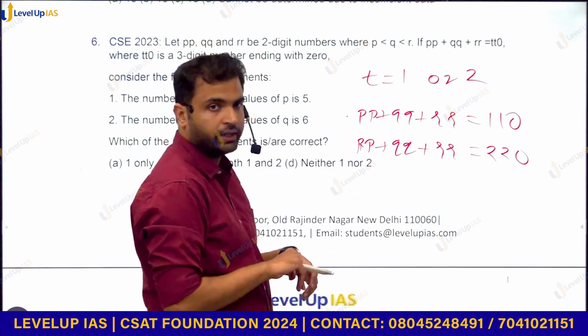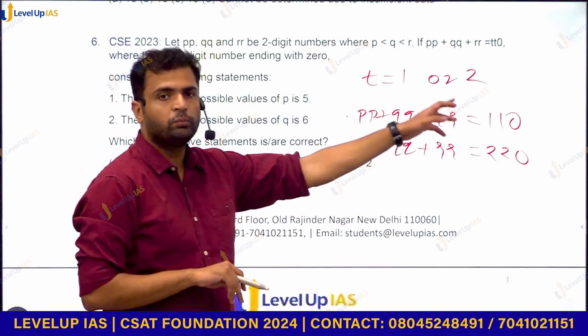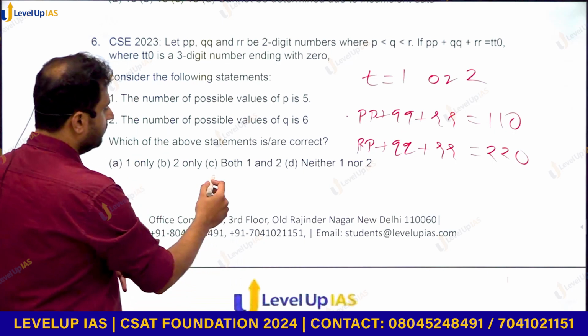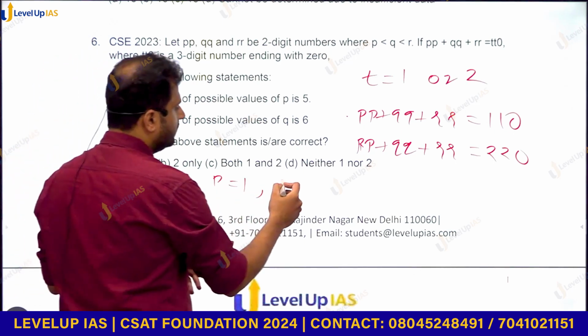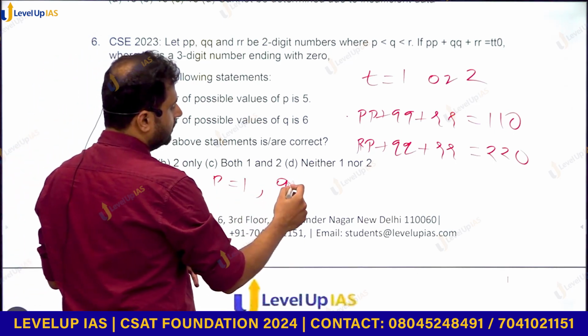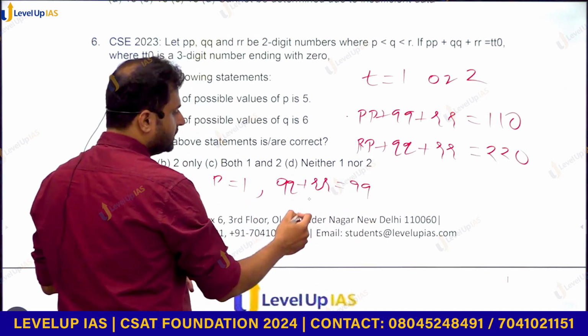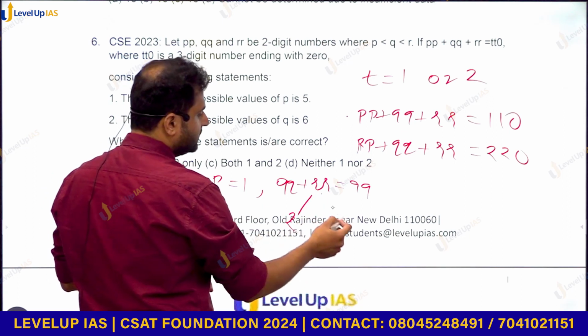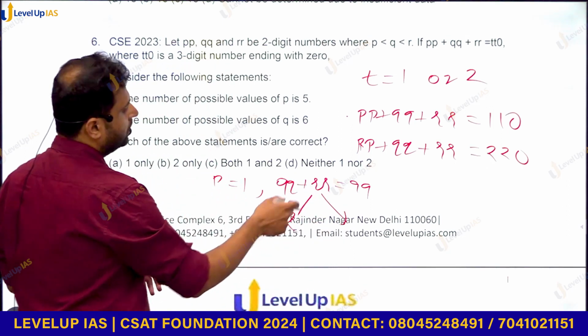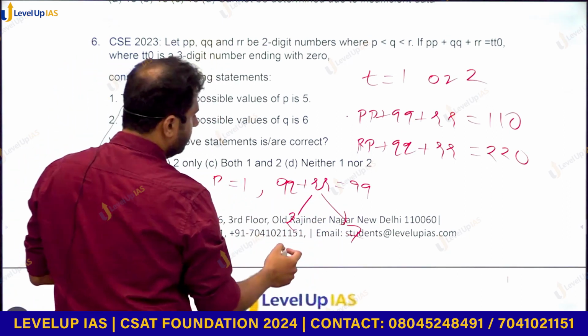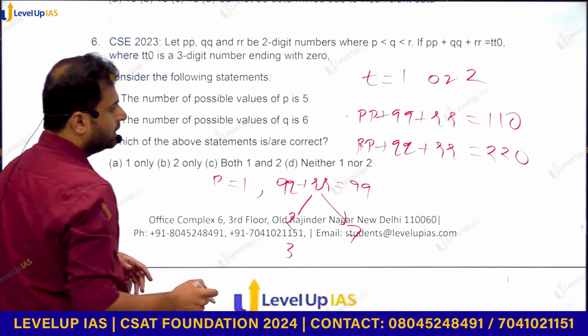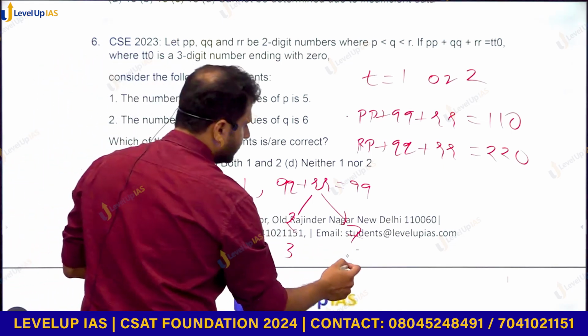If P is equal to 1, then QQ plus RR is equal to 99, and for this Q can be equal to 2, then R is equal to 7. If Q is equal to 3, then R is equal to 6.